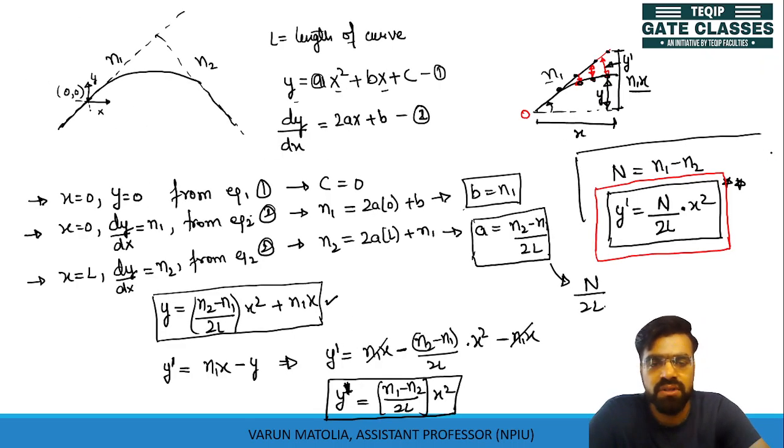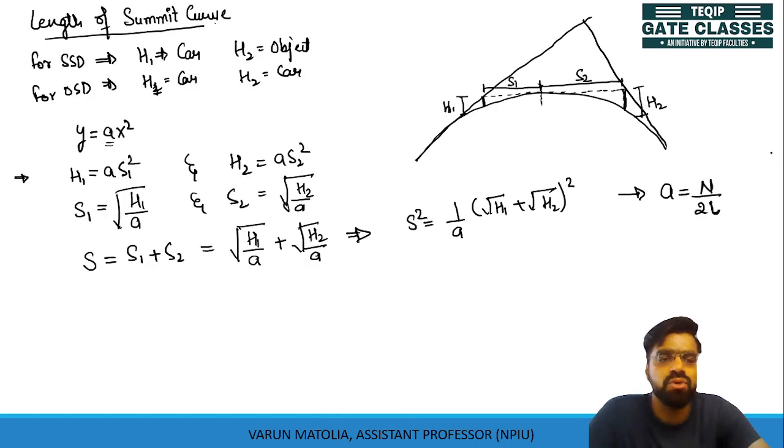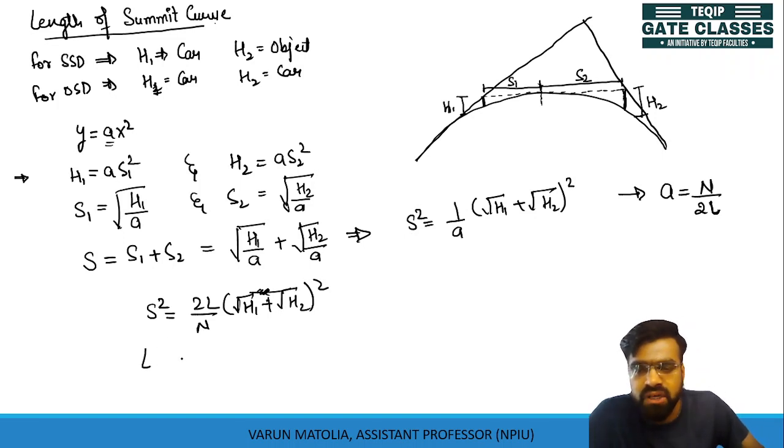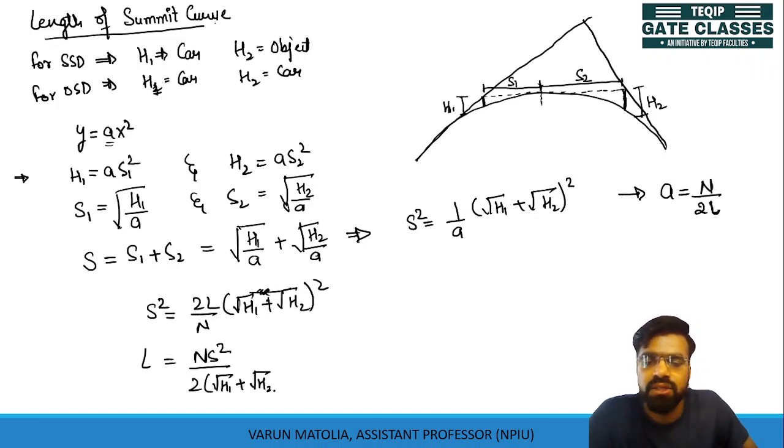We can simplify this equation as s square equals 2L by n, root h1 plus root h2 whole square. We want the value of L because it is the length of curve. So we write L equals n s square by 2 times under root h1 plus under root h2, whole square.